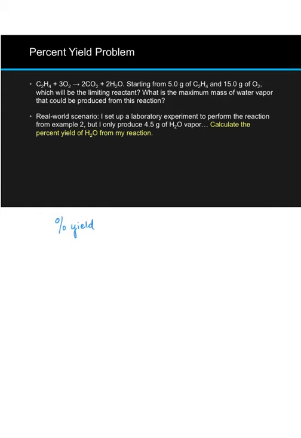is given by an equation, actual divided by theoretical yield, multiplied by 100. In our example here, 4.5 grams worth of water actually produced when we carry out this experiment is the actual yield.